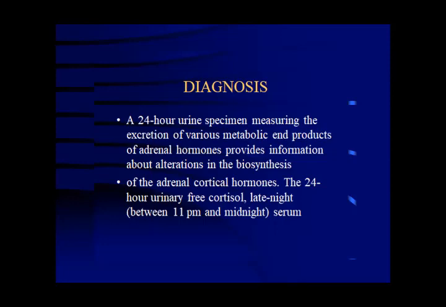This is a very important slide: wherever the hormone synthesis is stopped, the pre-hormone and its byproducts rise in the urine. So the only diagnostic test to know the level of cortisol is the 24-hour urine specimen.